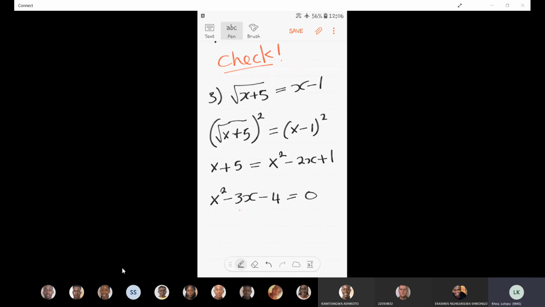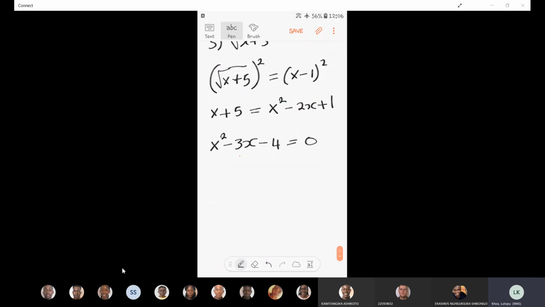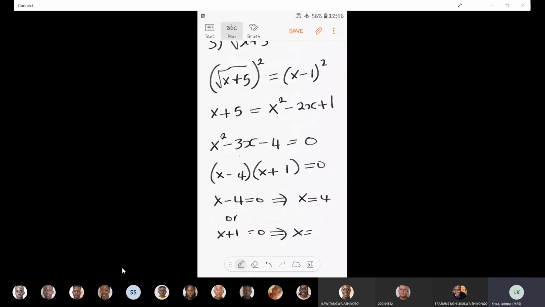So those two numbers are negative 4 and positive 1. So you put your x, then we said it is negative 4 and positive 1. Okay, then I say x minus 4 is equal to 0, or x plus 1 is equal to 0. This means that x is equal to 4, and this means that x is equal to minus 1.